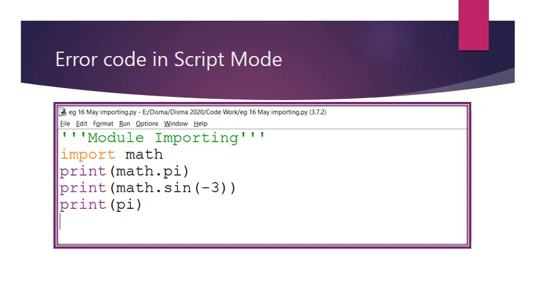In the last print statement, they are trying to print the value of pi which is defined in math without the support of the math module. In this method of importing a module, you will not be able to write a print statement like this. You should always write the module name first, followed by dot and then pi. Otherwise, it will create an error.